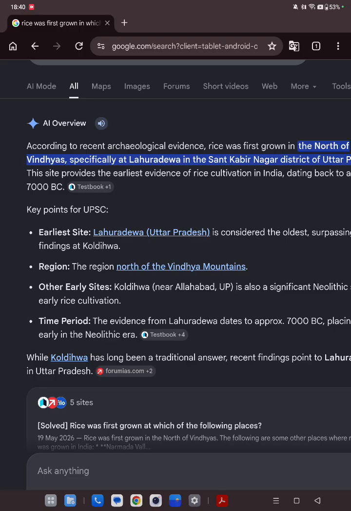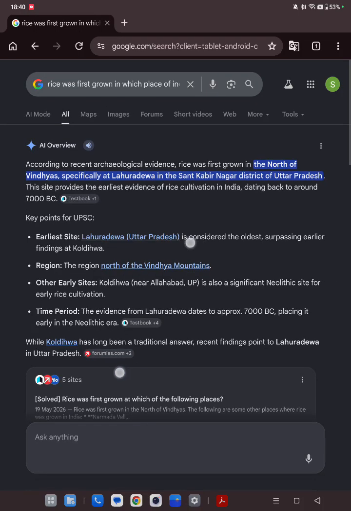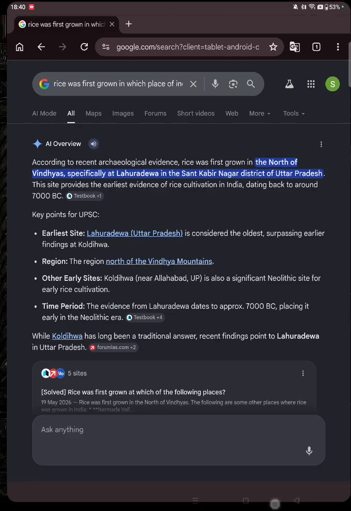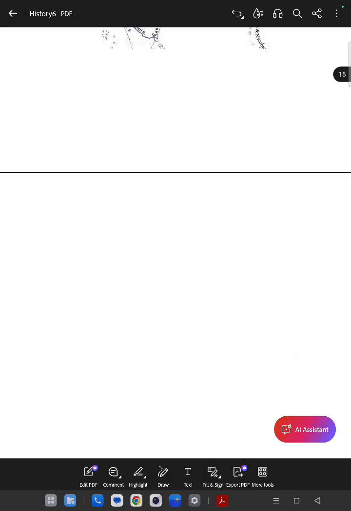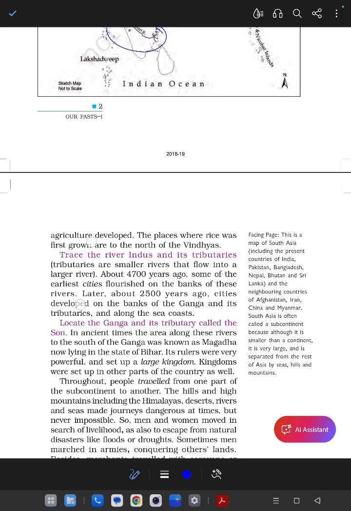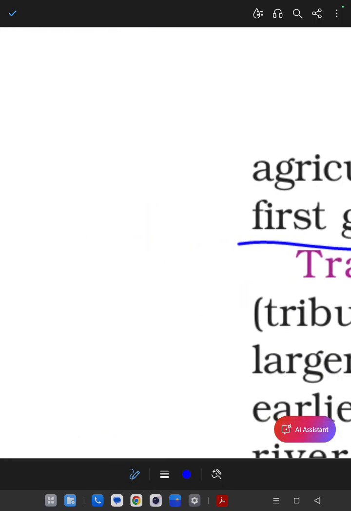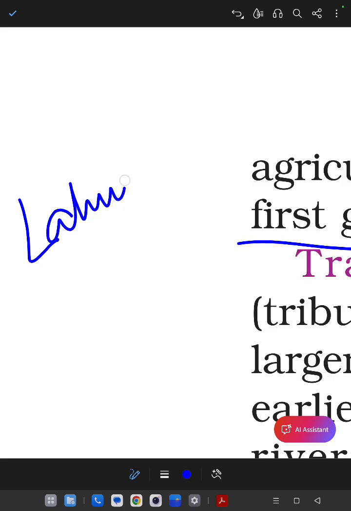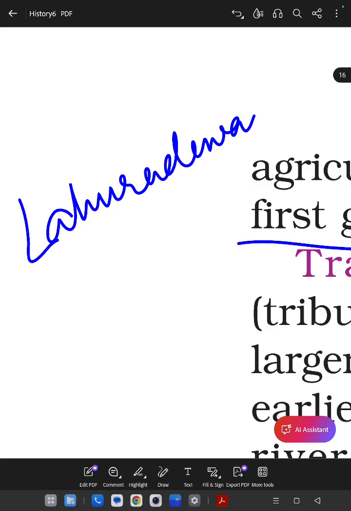So this can be a UPSC trap. It can come next year. Now just go to the PDF and you can take a note of it as well. I can say here, Lahuradewa.